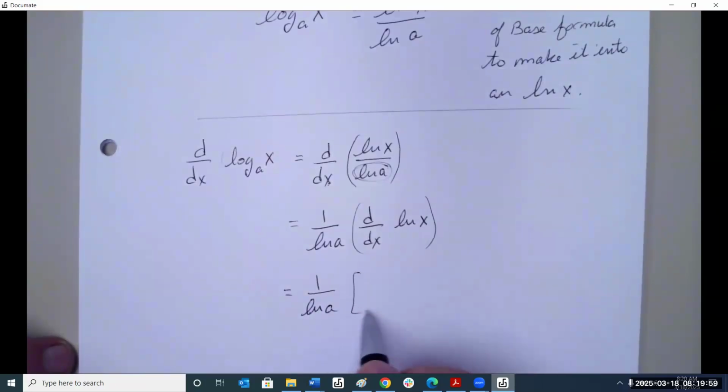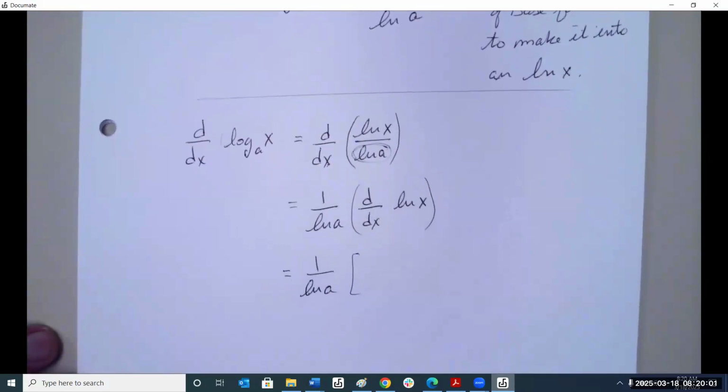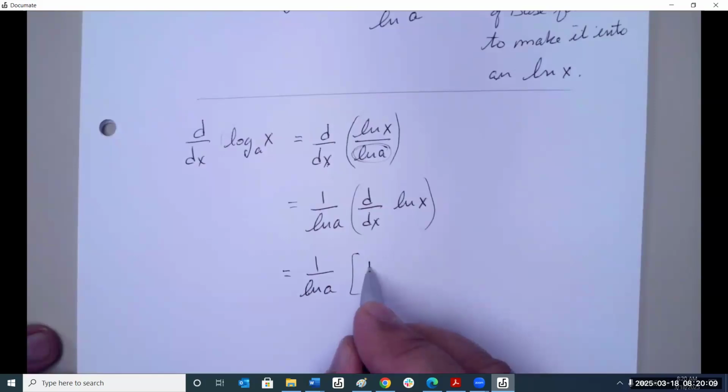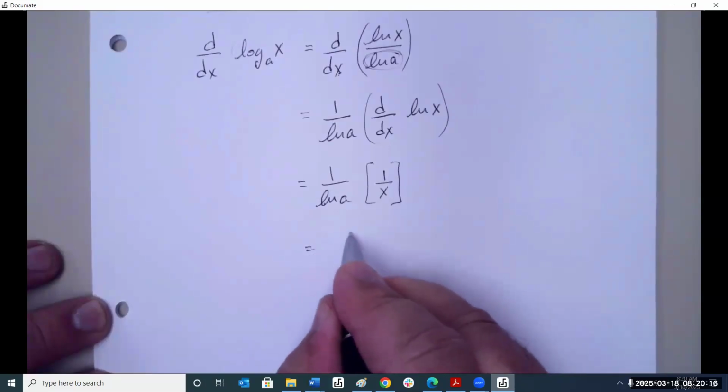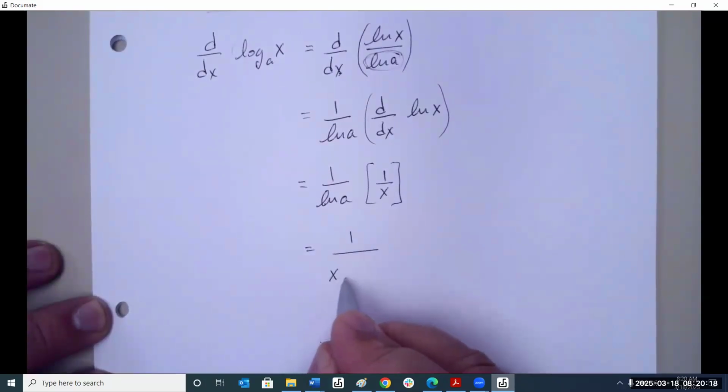What's the derivative of ln x? One over x. So it equals 1 over x ln a.